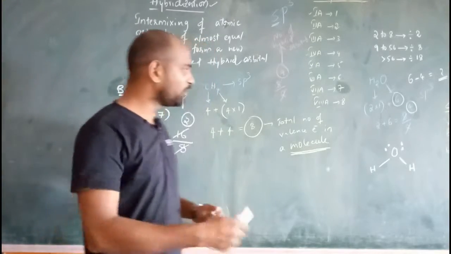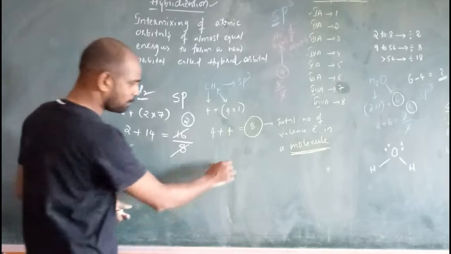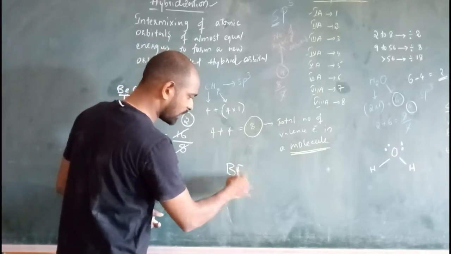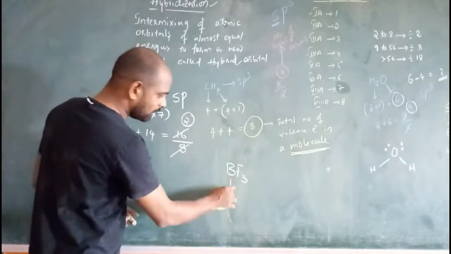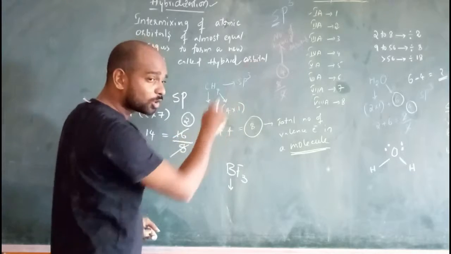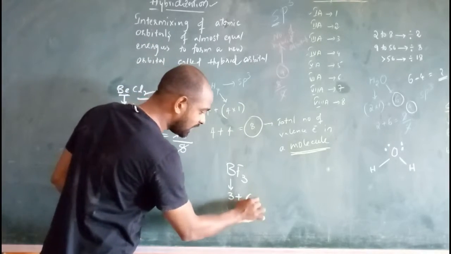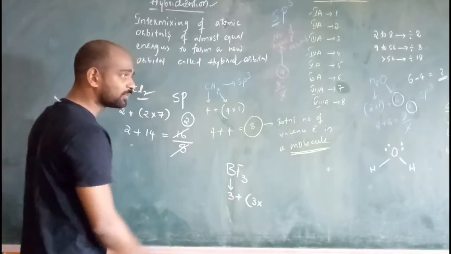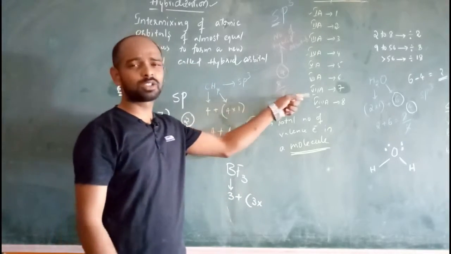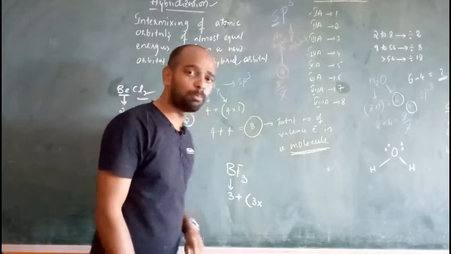In a similar way, consider boron trifluoride. Boron belongs to 3A group, so the valence electrons are 3, plus we have 3 fluorines, each with 7 valence electrons because it belongs to 7A group.